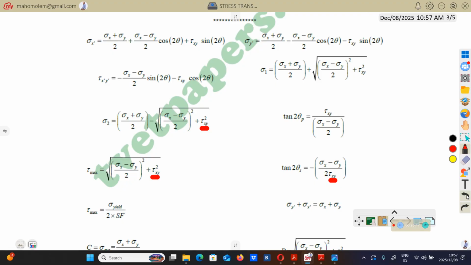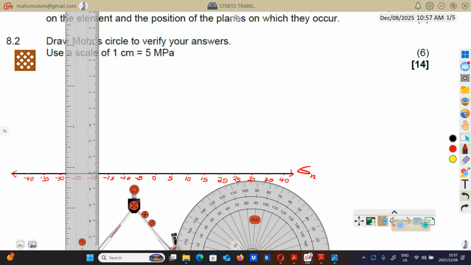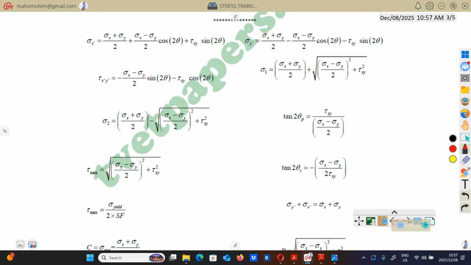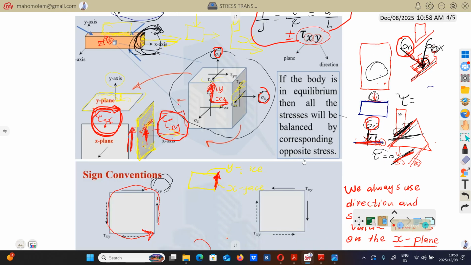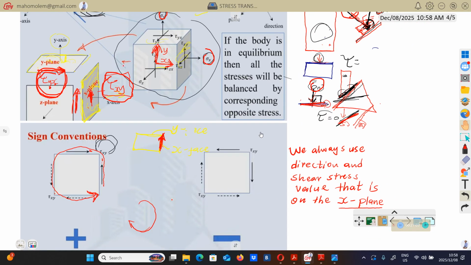So because of this, we're always going to use shear stress on the x face. This statement is talking about that. So we always use the direction and shear stress value that is on the x plane, which is this stress here.